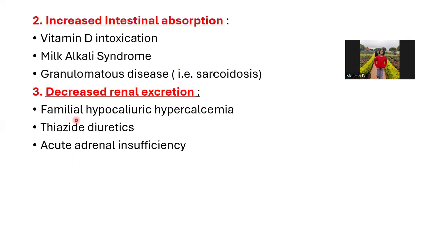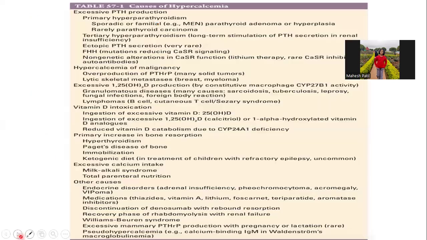Second, it can be due to increased intestinal absorption, as in vitamin D intoxication, milk alkali syndrome, and granulomatous disease like sarcoidosis. Thirdly, it can be due to decreased renal excretion due to familial hypocalciuric hypercalcemia, thiazide diuretics, and acute adrenal insufficiency. So these are all causes of hypercalcemia.